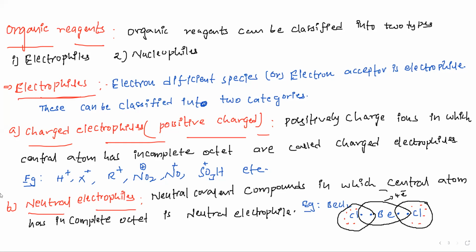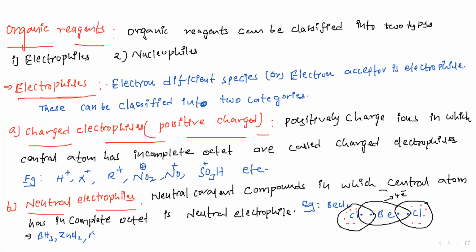I will give more examples here. That is example number 1. And next examples I am going to write here. Example number 2, BH3. This one also has an incomplete octet. And ZnCl2, zinc chloride.